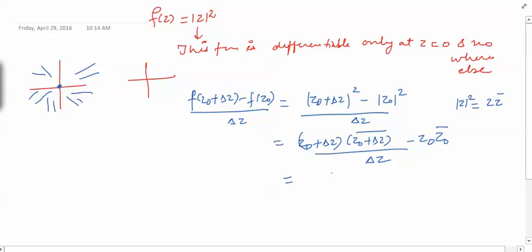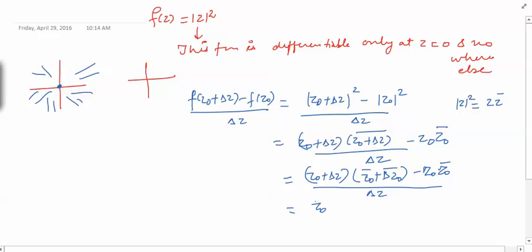So what is this? You can just write it as z naught plus del z into z naught bar plus del z bar, minus z naught z naught bar, divided by del z. Now you can multiply this out, and what you finally get is that z naught z naught bar will cancel, and you will have z naught bar plus del z bar plus z naught into del z bar upon del z, right?